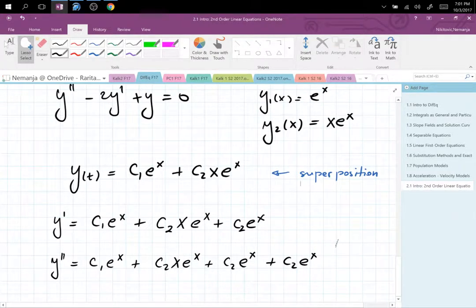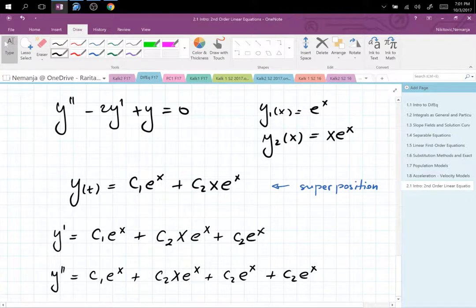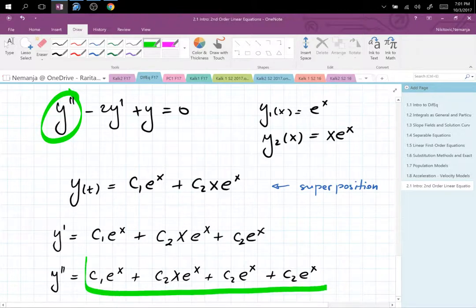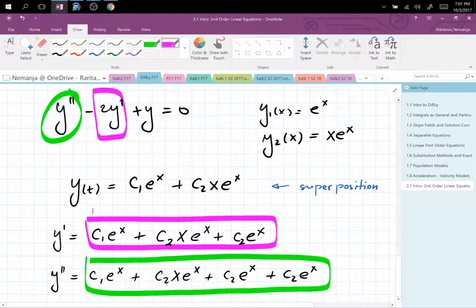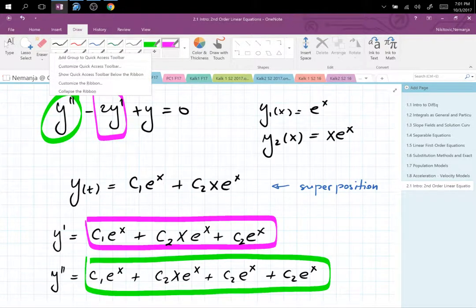And now I'm going to color code this. You have your y double prime, you have your y prime, you have your y.